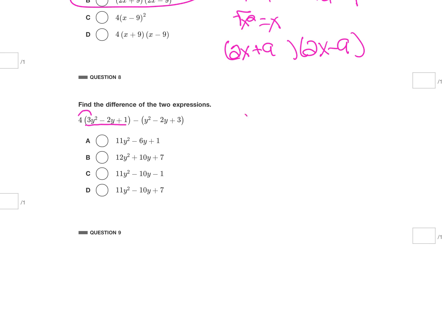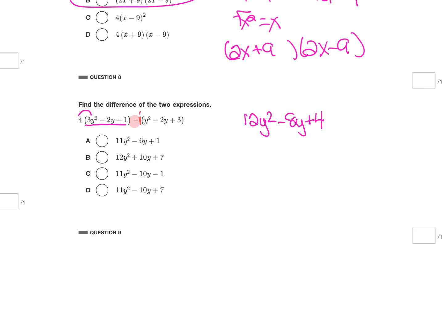So when I do so, I have 12y squared minus 8y plus 4. And next, I have to distribute one more item. Did you notice it here? Here's that negative, and we know that the coefficient behind that negative is a 1.